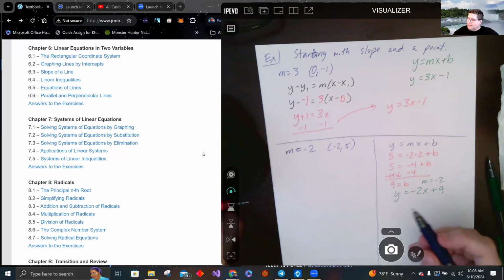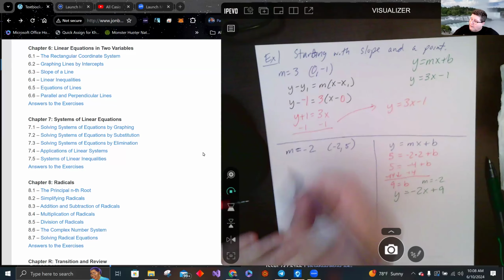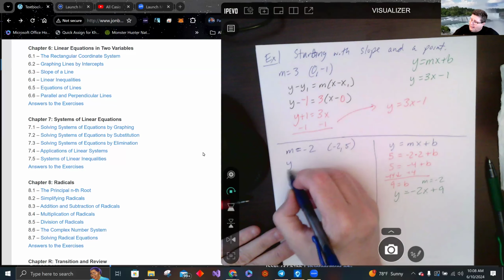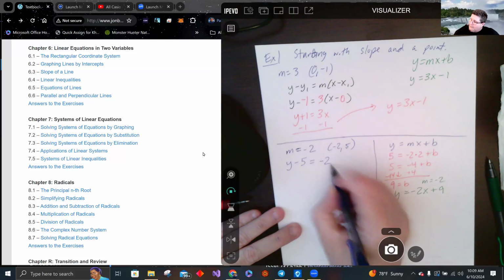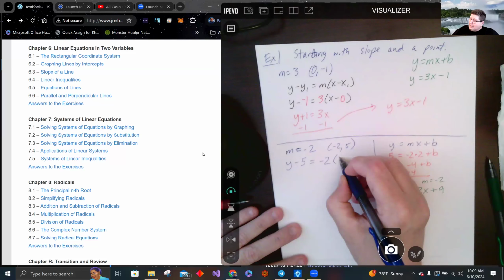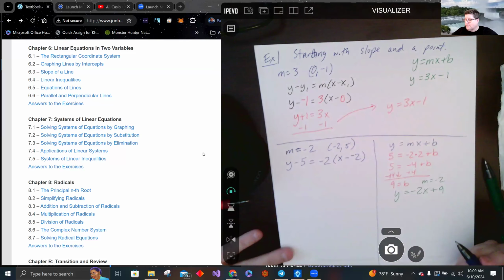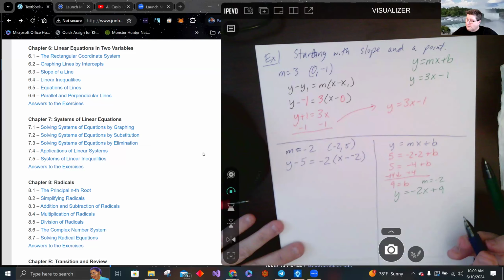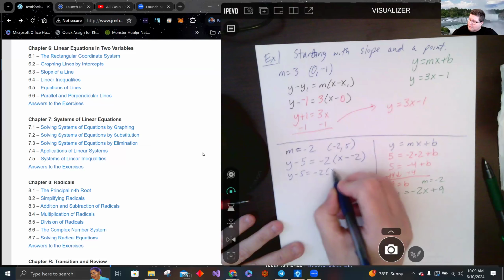Going straight to the point slope form, y minus y1 is y minus 5 equals m, which is -2, times x minus x1, which is -2. So y minus 5 equals -2 times x plus 2.